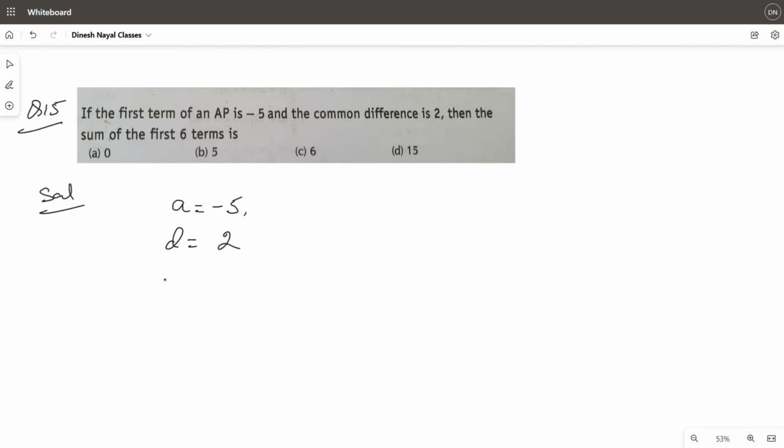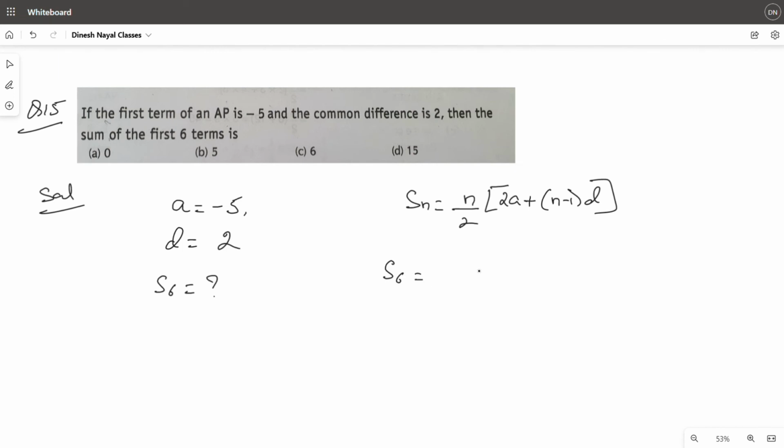Now the sum of the first 6 terms. The formula is Sn, the sum of n numbers, equals n by 2 into 2a plus n minus 1 into d. Here n is 6.